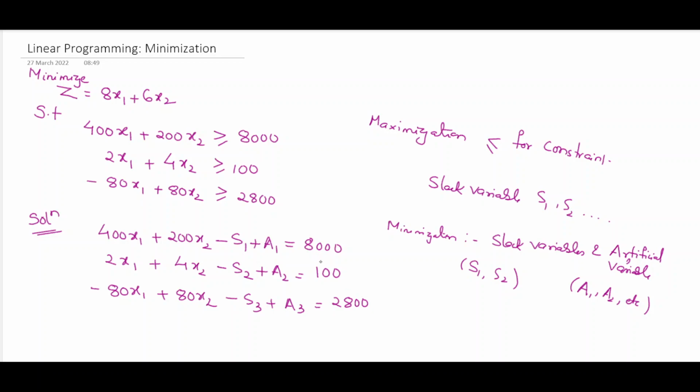In the case of a maximization problem, you only add s1, s2, s3. But in the case of a minimization problem, just remember that you will add minus s1 plus a1 and so on in your constraints. These three are the constraints.